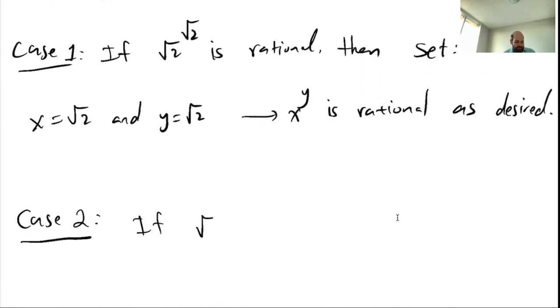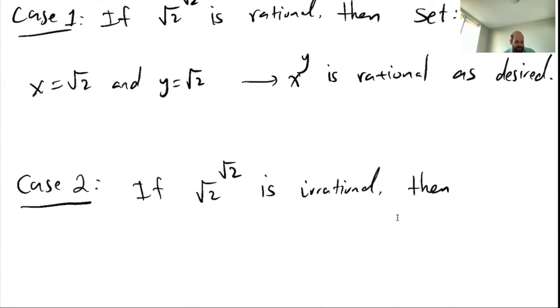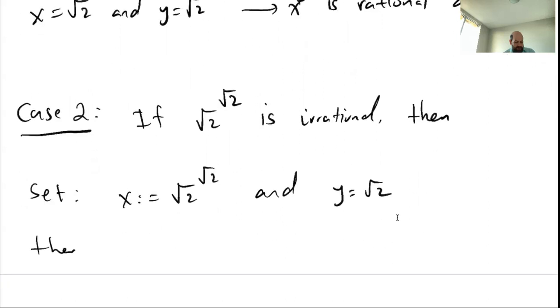if √2 to the power √2 is irrational, then set x equals this number √2 to the power √2 and y equals √2. Then x and y are irrational, right?